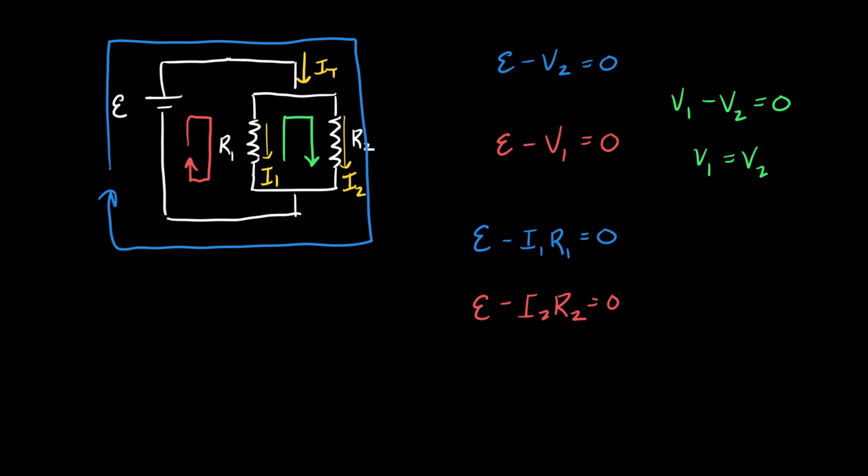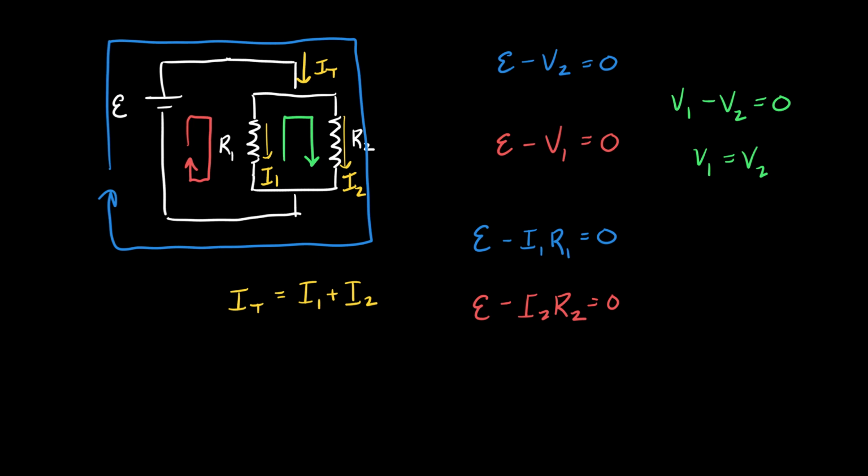Based on Kirchhoff's laws, the current into the junction has to equal the current out of the junction. Is that all okay with you guys?